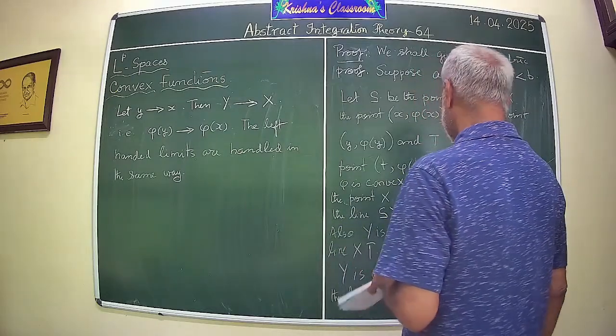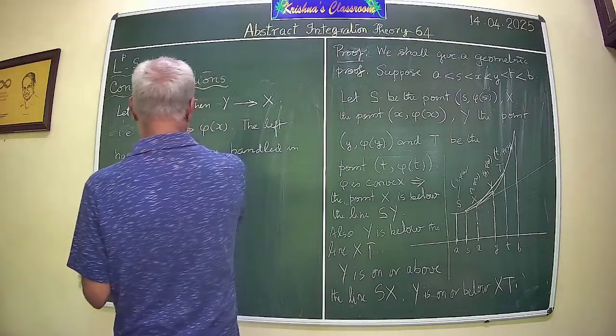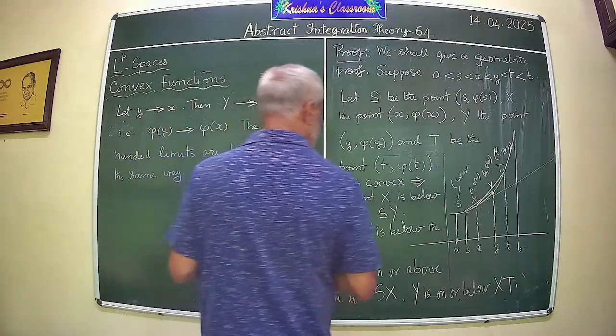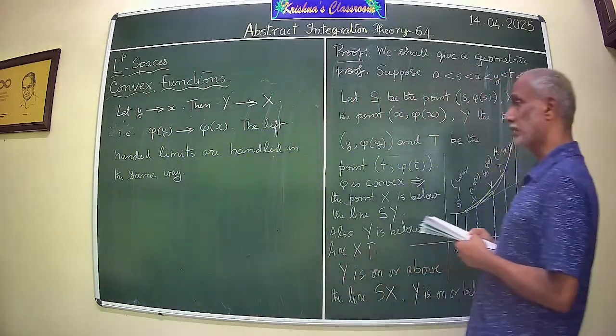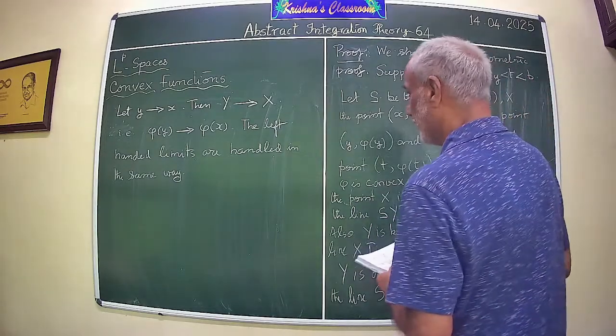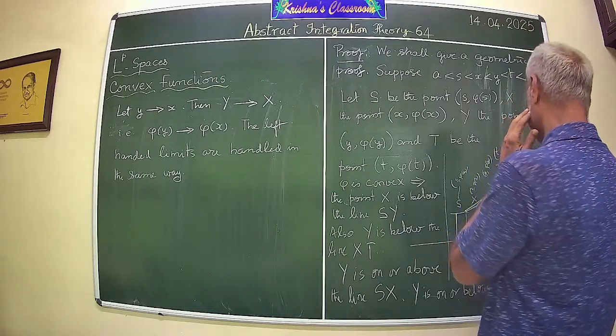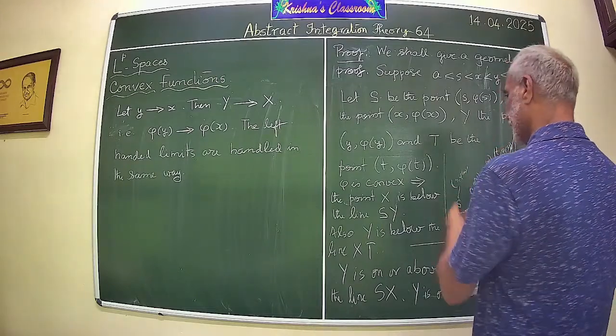As y tends to x, phi y tends to phi x. Similarly, as x tends to y, phi x tends to phi y. Or you can fix a point and then take the limit.